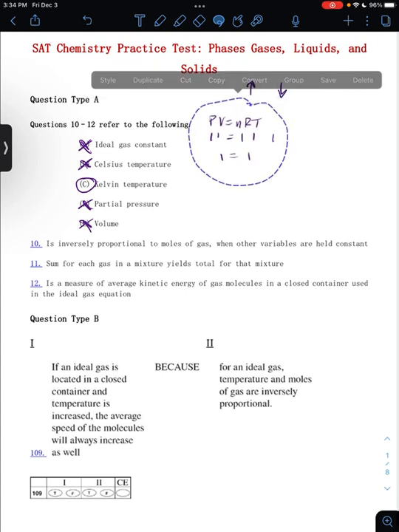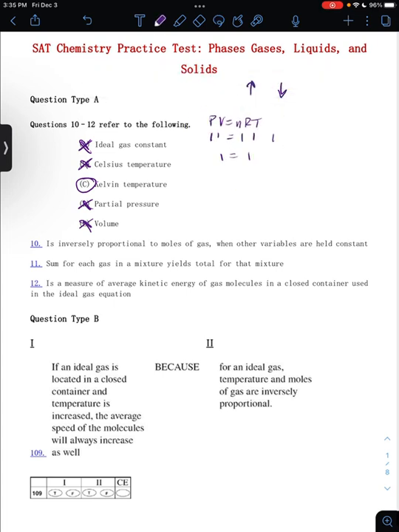So what that's saying is that if we still have 1 for our pressure, 1 for our volume. Now let's try this. We're going to put Kelvin temperature. We'll say we double that.